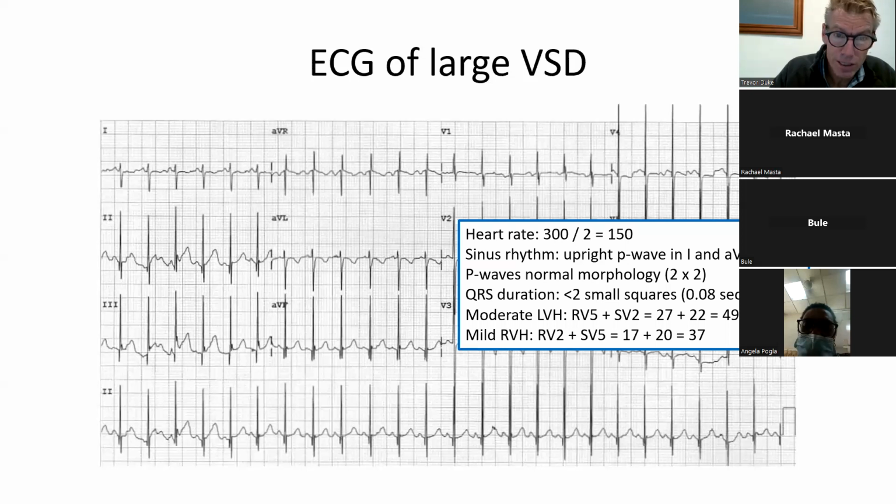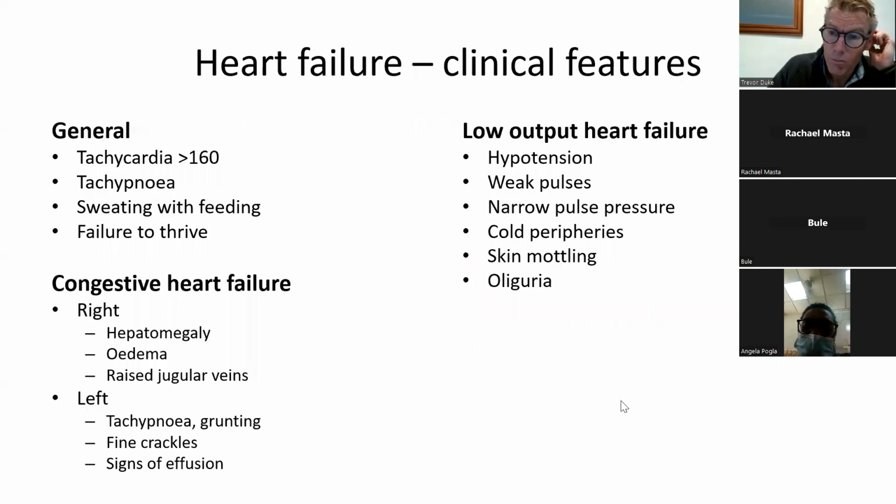We won't go through this again. I wanted to just touch on the clinical features of heart failure, because I think sometimes we don't quite distinguish the different types of features and what they mean. There are some general features of heart failure in children. Of course, we know about tachycardia, tachypnea and sweating with feeding.